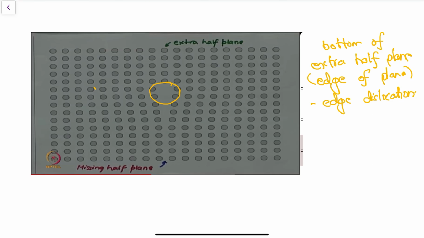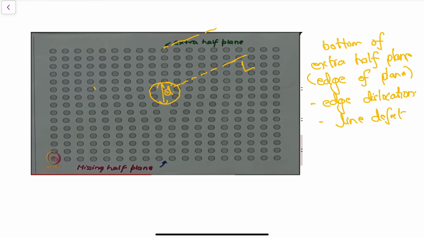See, this is called a line defect because if I draw a line like this, this is a half plane. This is the total length L, and here you can see there is some atomic defect, and the lattice length D is very small.